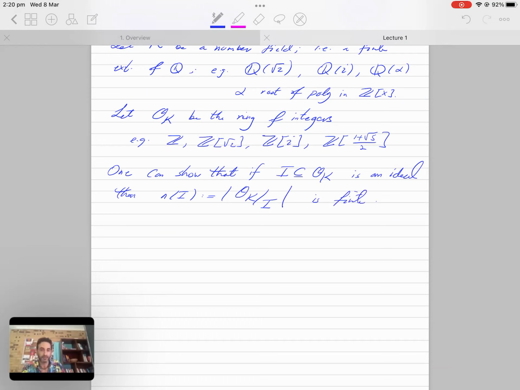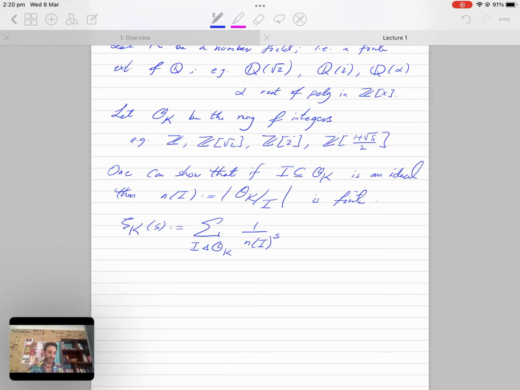So then we can define the Dedekind zeta function to be the sum over all ideals I of 1 over the norm of I to the power s.